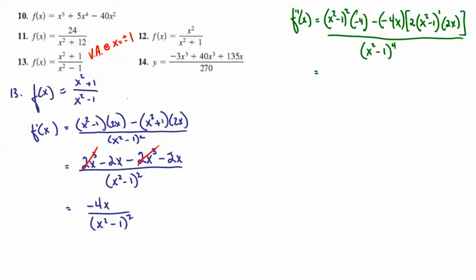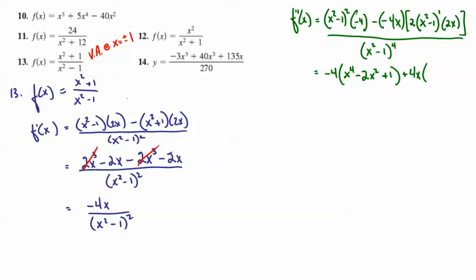So we'll multiply out. In the numerator, we're going to have to expand. We'll lead with the negative 4, then expand. X squared minus 1 to the second power would be x to the fourth minus 2x squared plus 1. Then minus negative 4x is plus 4x times.